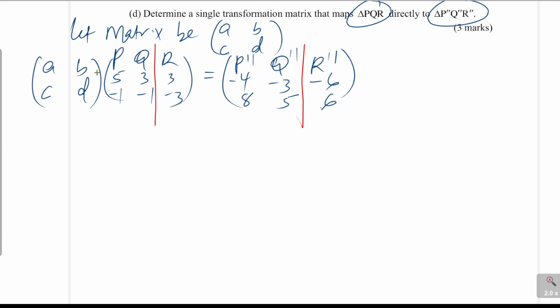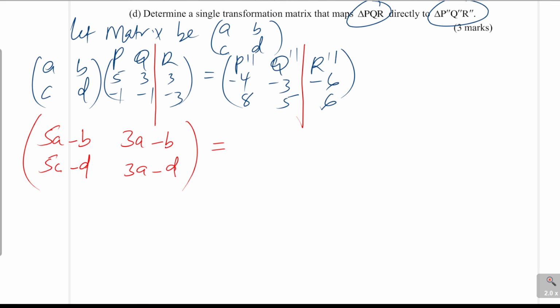So first start with first row, first column. This will give 5A minus B, and then first row, second column gives 3A minus B. Then down here, second row, first column, this will be 5C minus D, and then second row, second column, we'll have 3C minus D. We can stop at that point, since these are simultaneous equations that will be formed.